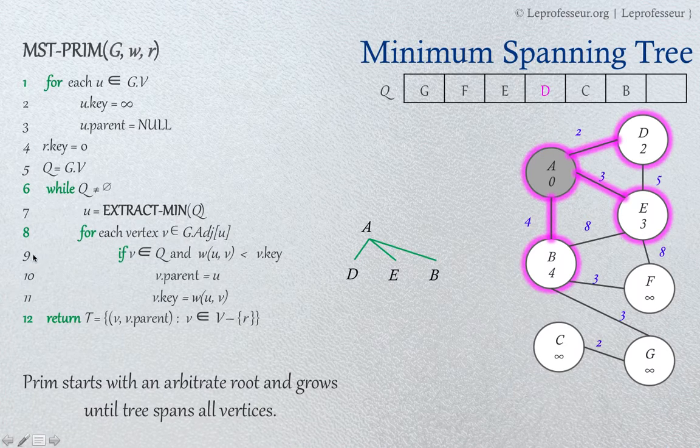Now we find the adjacent vertex, because for each vertex which is adjacent to D, we execute line number 9 to 11, and at line number 9 we have two conditions to fulfill. So let's see what the adjacent vertices of D are.